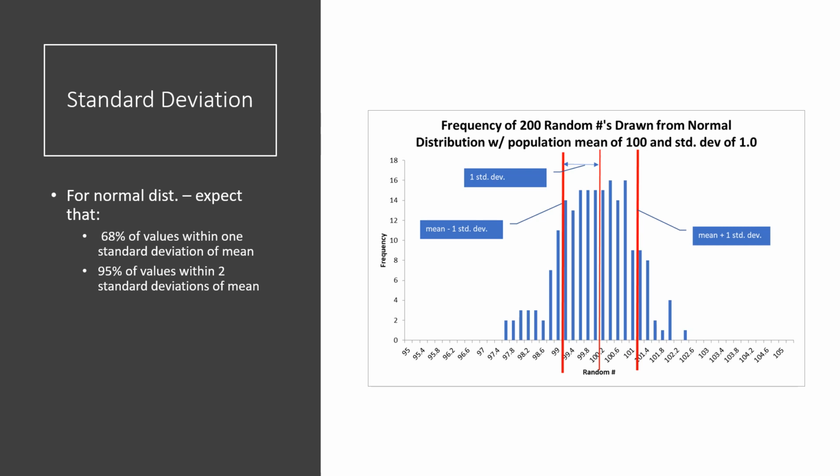So for example, if this is our mean in the middle, if we go up 1 standard deviation and down 1 standard deviation, remember the standard deviation is in the same units as your measured value, it's going to encompass essentially 68% of all of your measured values. If you go out 2 standard deviations, that's going to include 95% of all the values. In other words, 2 standard deviations up and 2 standard deviations down.